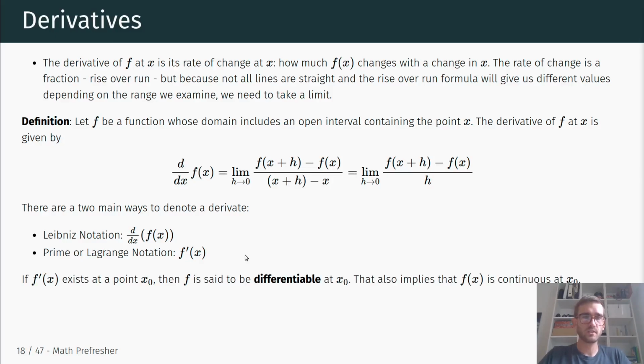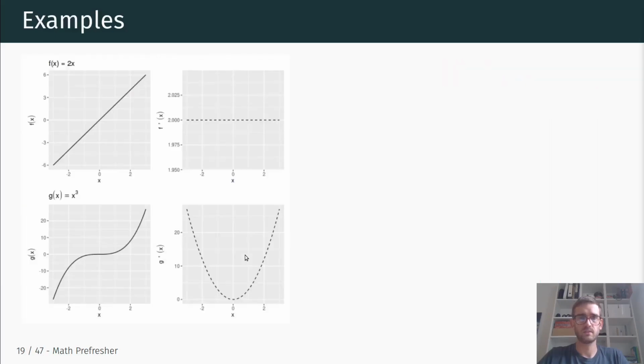And as I mentioned, if f prime of x, the derivative of f of x, exists at some point x0, then f is said to be differentiable at that point x0. That also implies that f of x is continuous at x0.